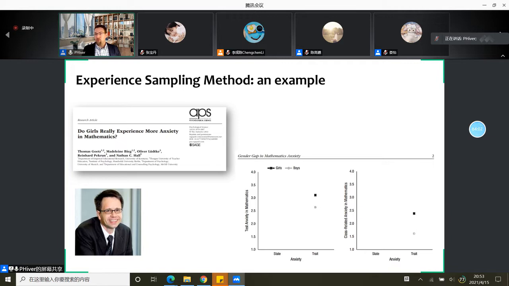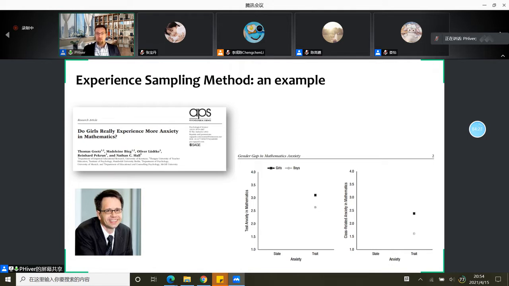But there's this very unfortunate finding in academic emotions literature, and it's that despite similar grades, girls typically report much lower academic self-concept and much higher anxiety in math than boys do, despite similar grades.